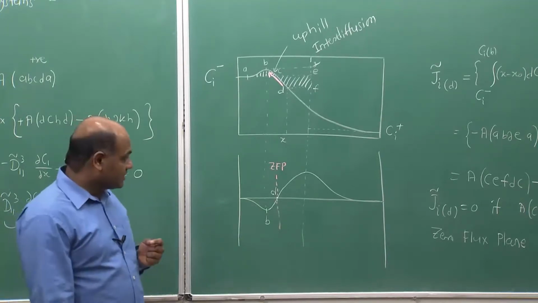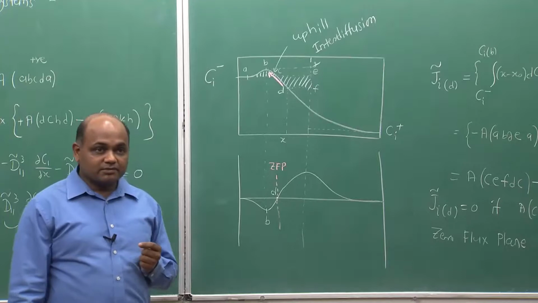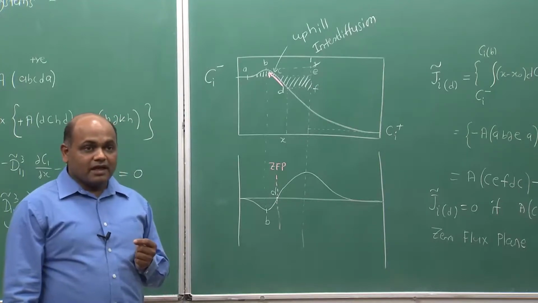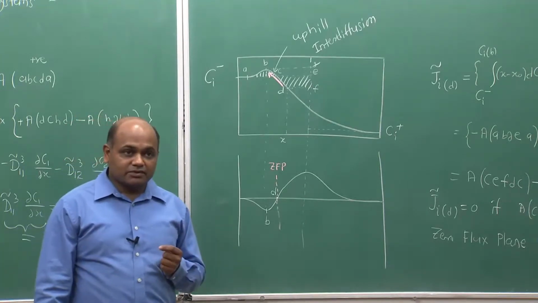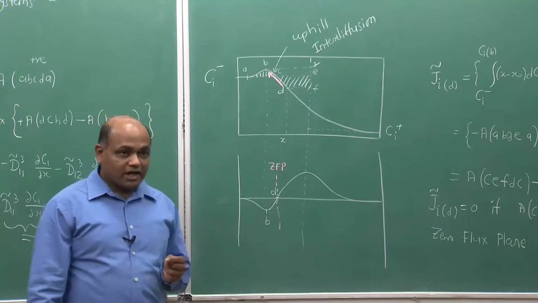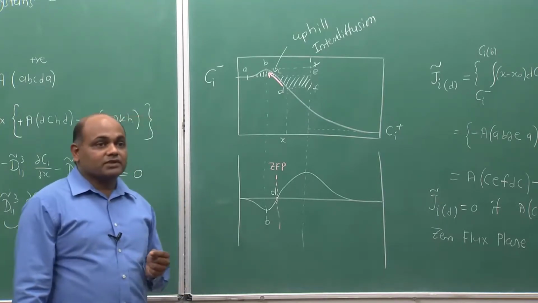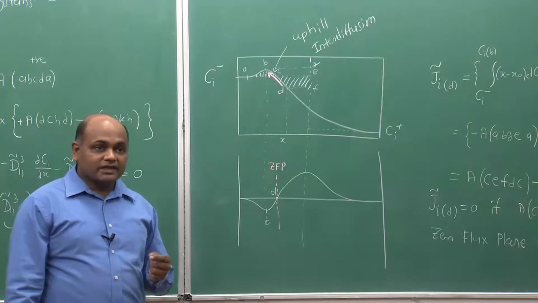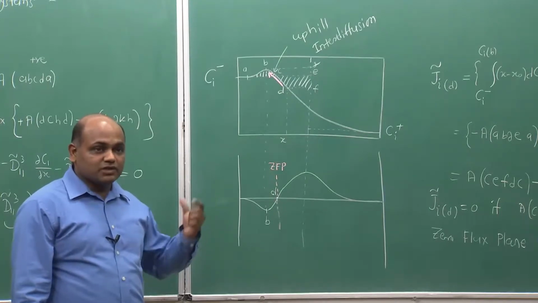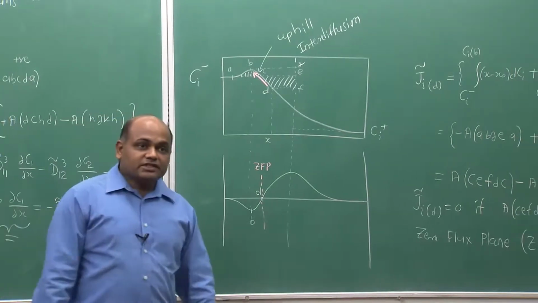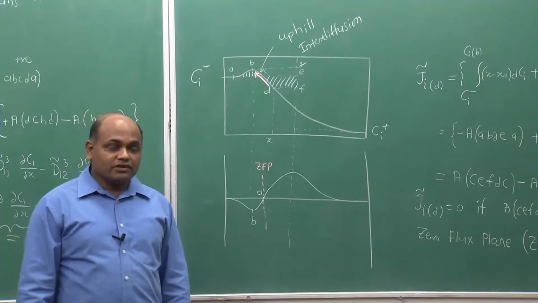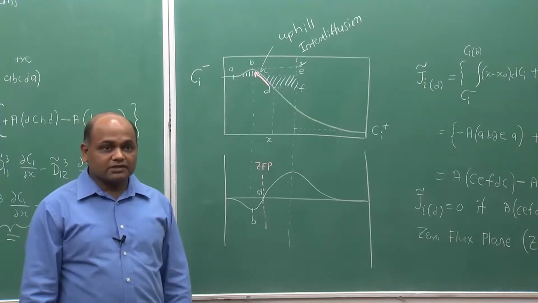In such couples, the zero flux planes are developed at a composition where the thermodynamic activity of that component is the same as that in the two terminal alloys. So, this is how the nature of interdiffusion flux profiles looks.